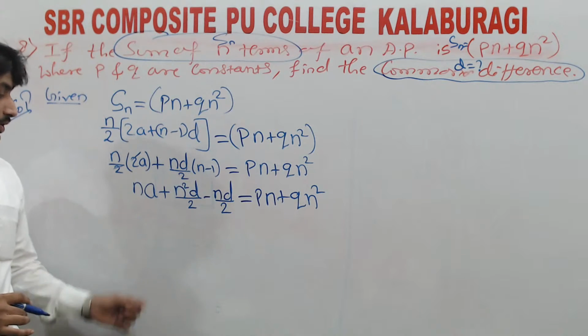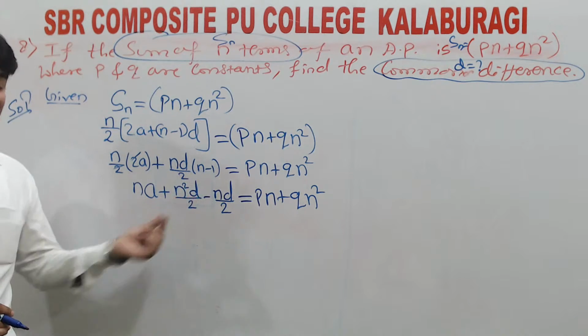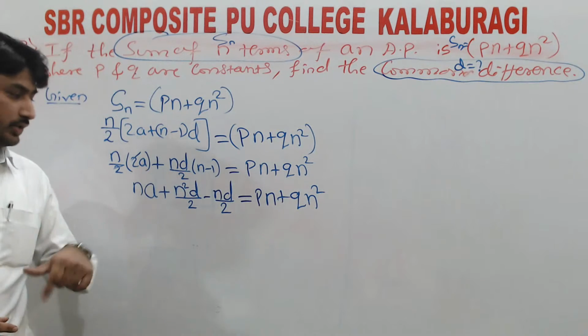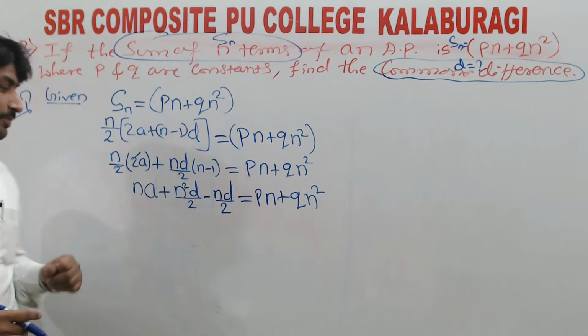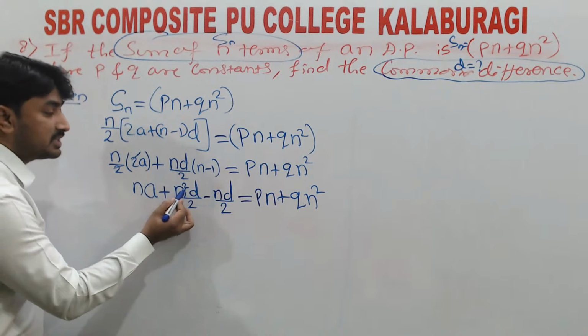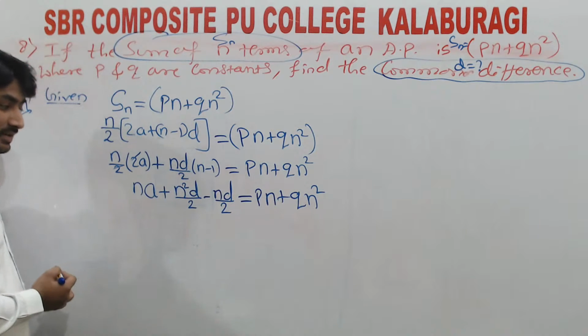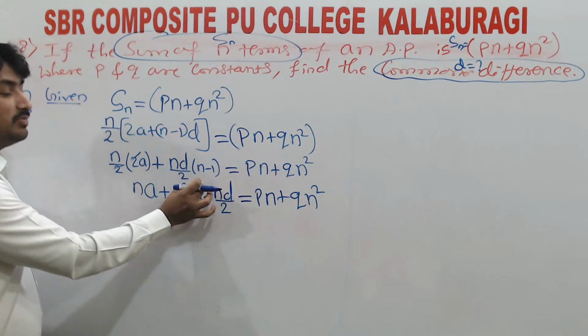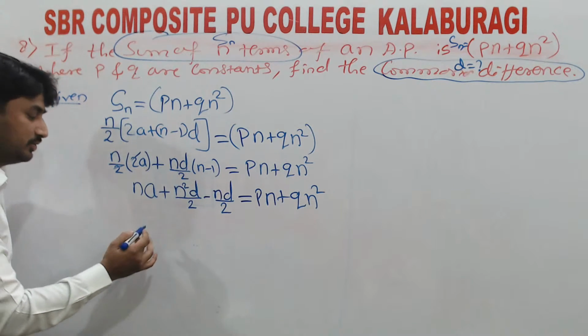Now we don't know the first term value as well as the common difference value. We need to find the common difference only. Therefore, I am comparing the power of n square on both sides, and we will get the d value directly, which is the common difference value.